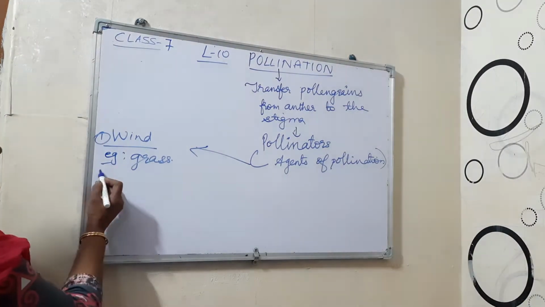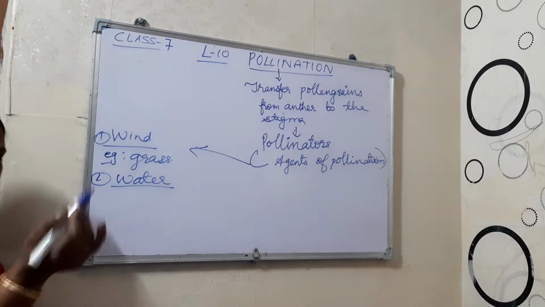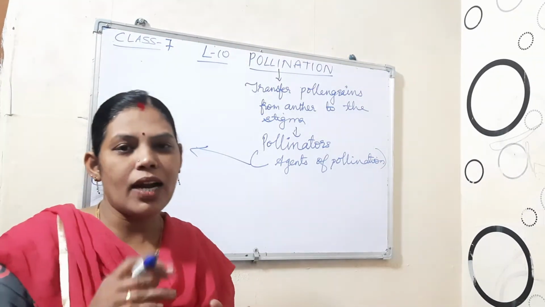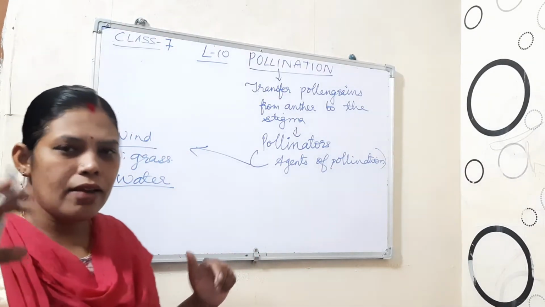Okay, and then the second one we can say is water. How does water help with pollination? Because the aquatic plants live on the water only, right?